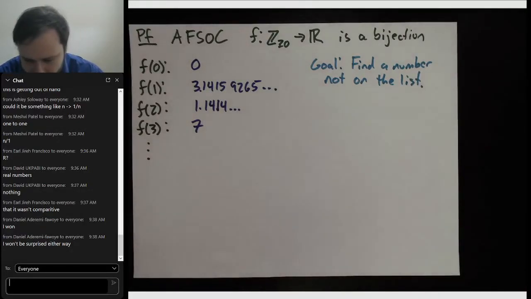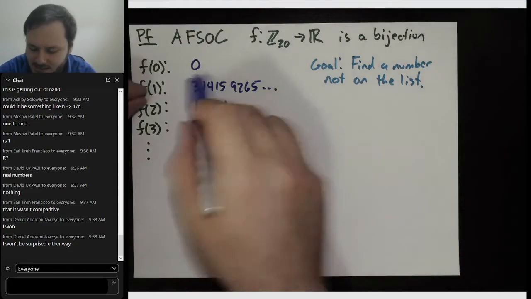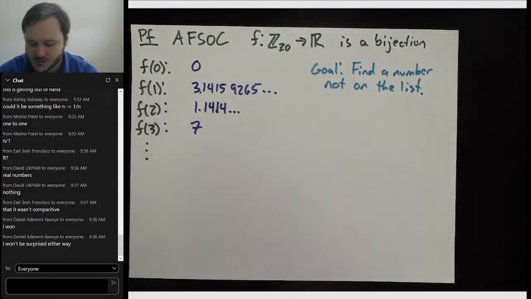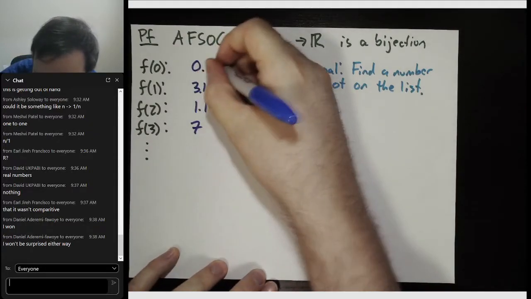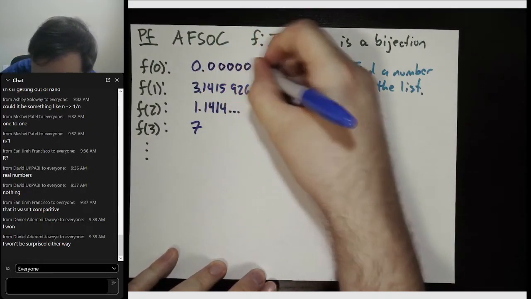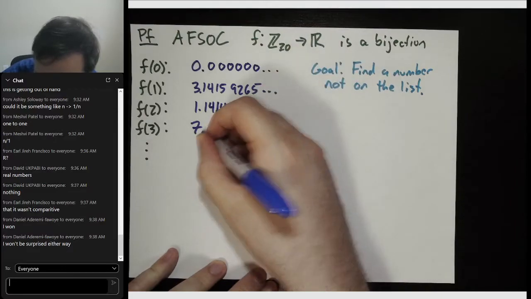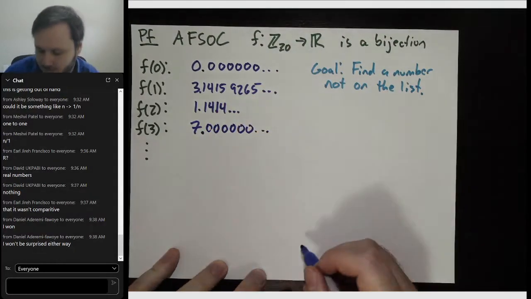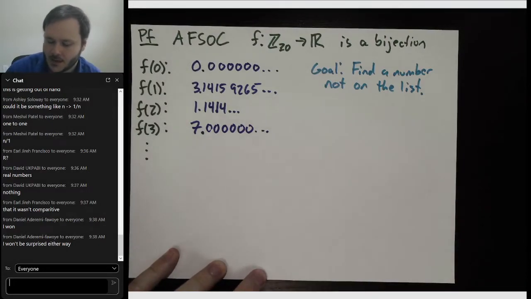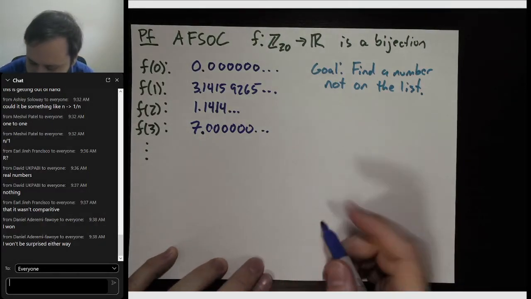The first thing I do is I'm going to extend all of these numbers so that they all have infinite decimals. And then here's what I'm going to do.